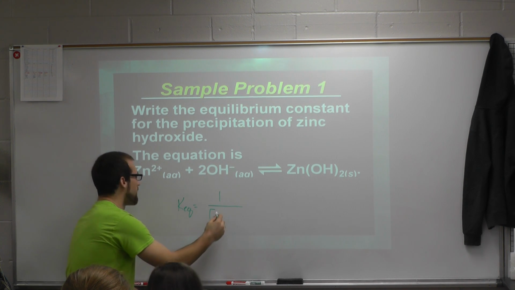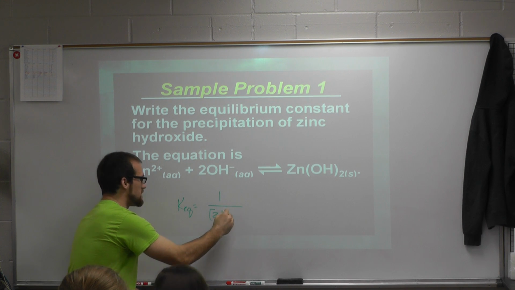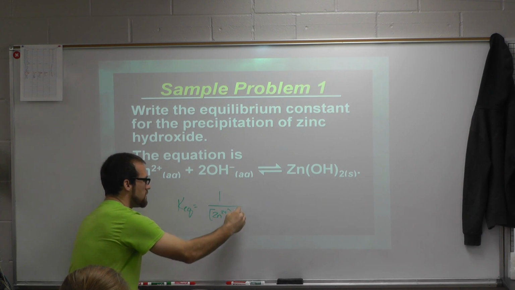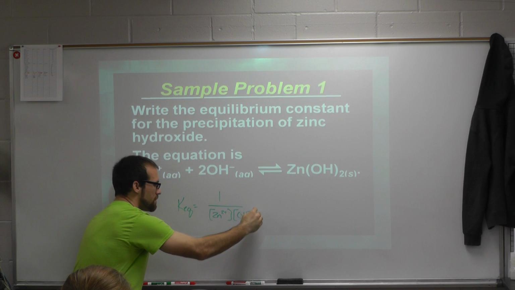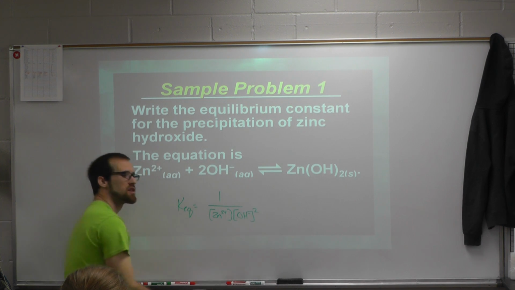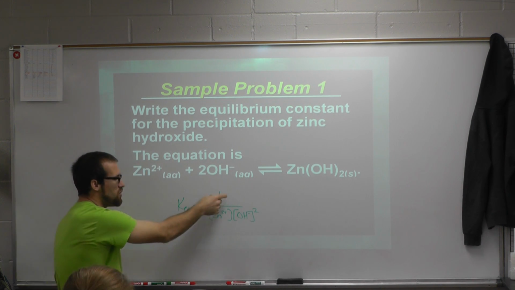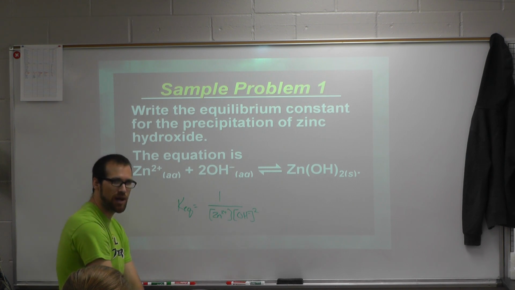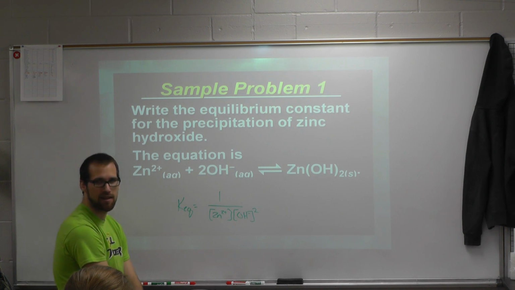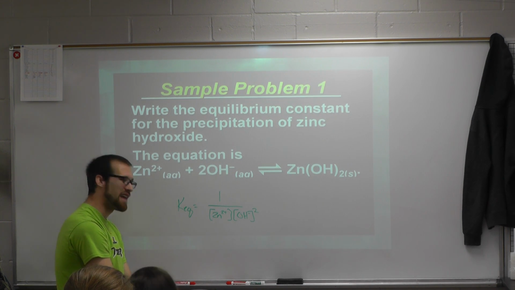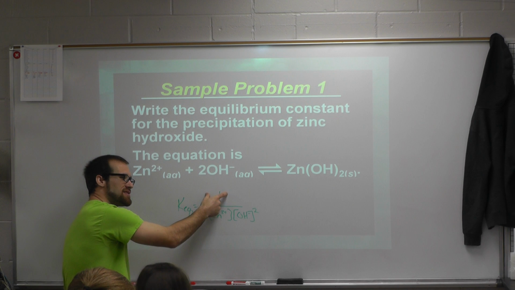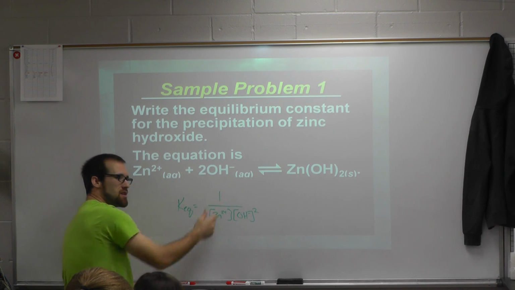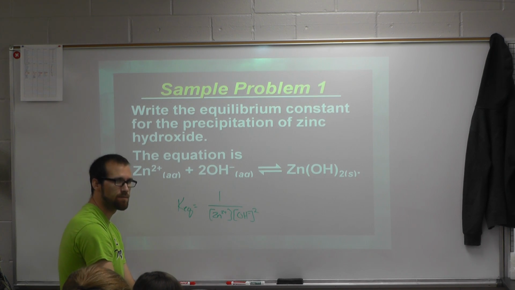So that's why I have this particular problem here. It should look like that. If I remove the one, the things that were on bottom now miraculously shoot up to the top of the fraction, don't they? It's important that if your products are solids or liquids, you have to have it in there.